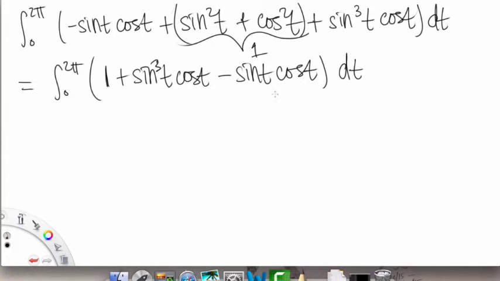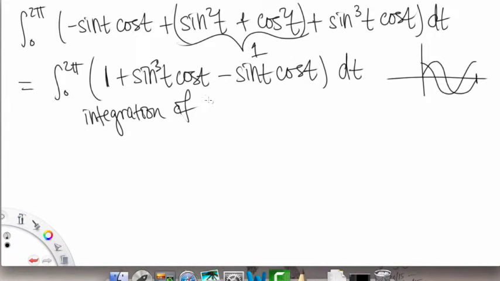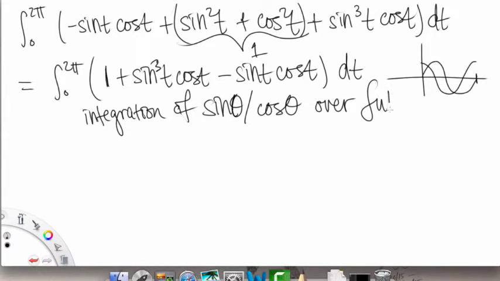And then you can go through and solve all of this out, except that we know in integration, as I explained in a previous video, when you have sine and cosine being integrated over a full period, so integration of sine theta or cosine theta over a full period, and a full period in this case for sine and cosine refers to 0 to 2 pi.